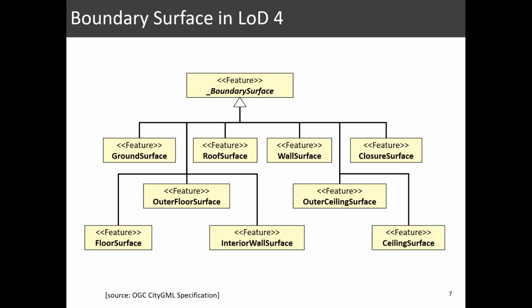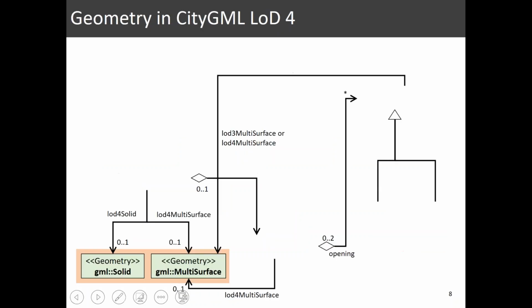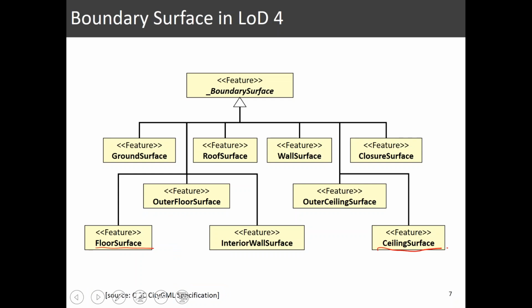For boundary surface, which is a little bit complicated in CityGML, we define several different types of surface, like a floor surface and the ceiling surface, and interior wall surface. Interior wall surface means the vertical wall surface, and some other different surfaces like ground surface and roof surface and wall surface, closed surface.